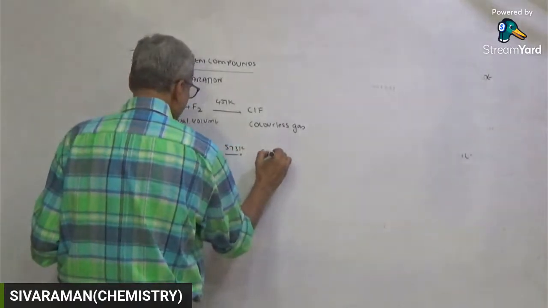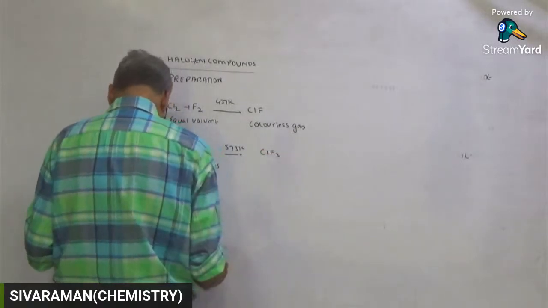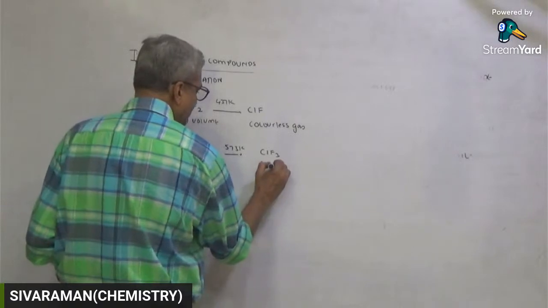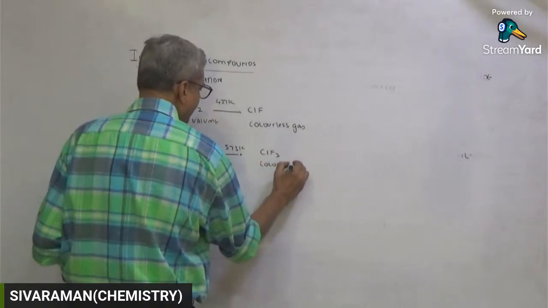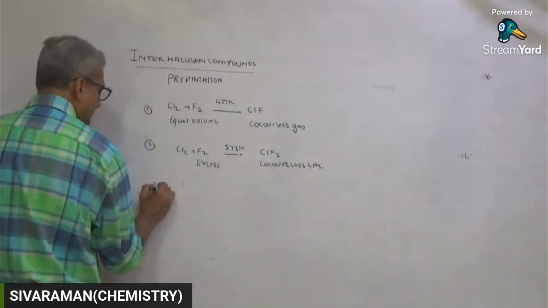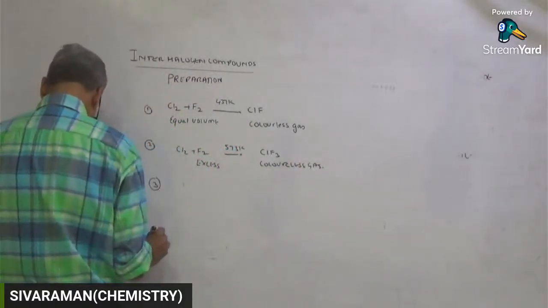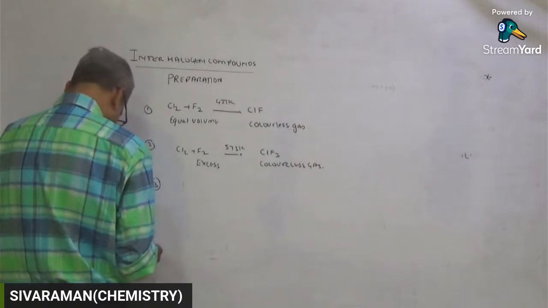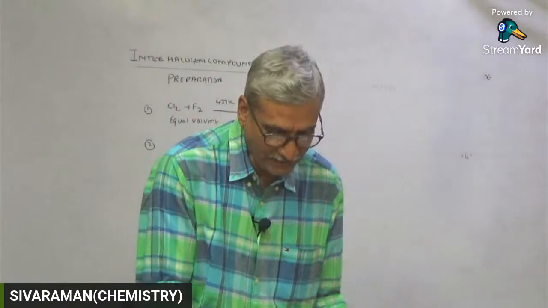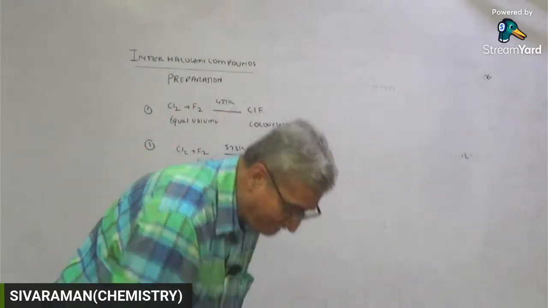It forms ClF3, chlorine trifluoride. Again, it's a colorless gas. And the third one that we have is formation of iodine monochloride.